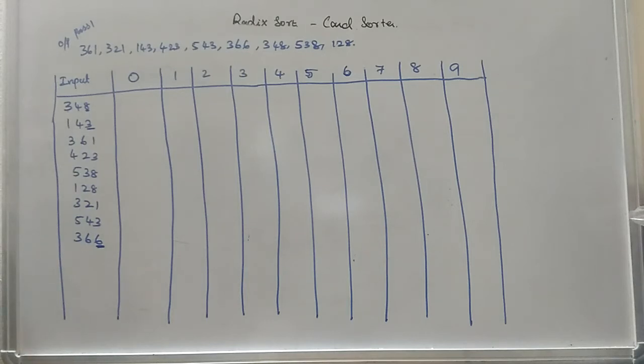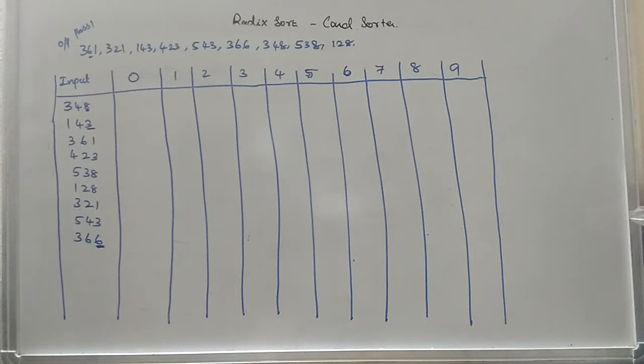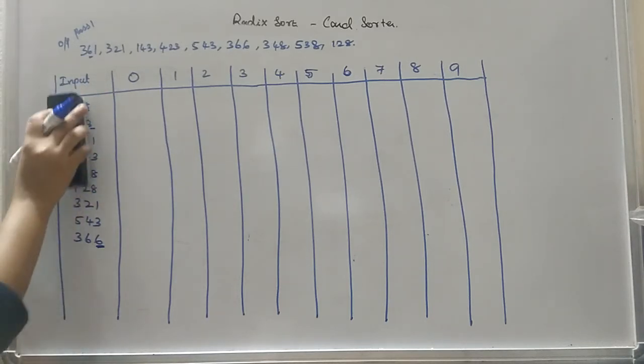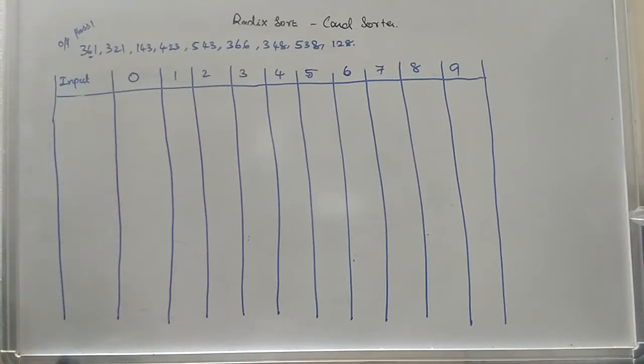Now I am just going to consider the digits in the 10th place. Okay, so the first number here is 361. So actually the input will also be changed.